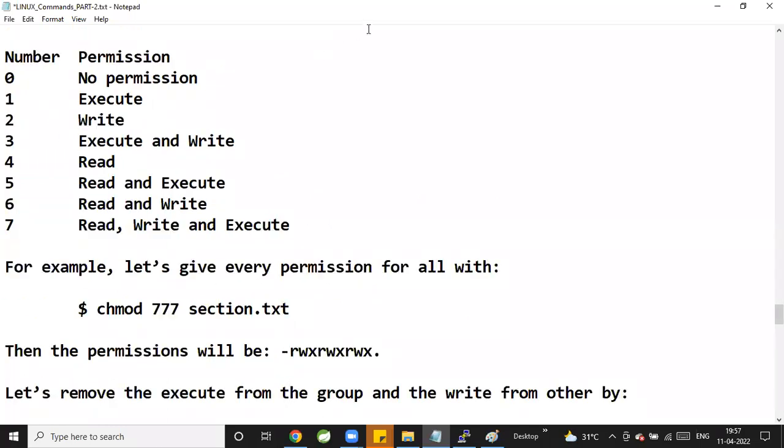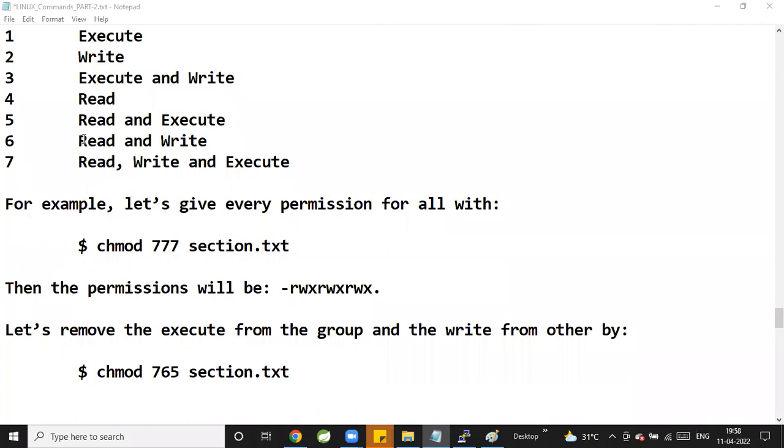Can you guys read this table? Yeah, guys.